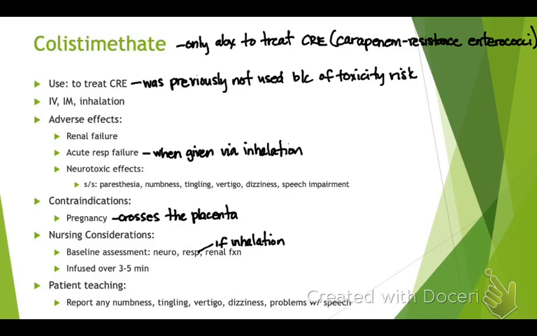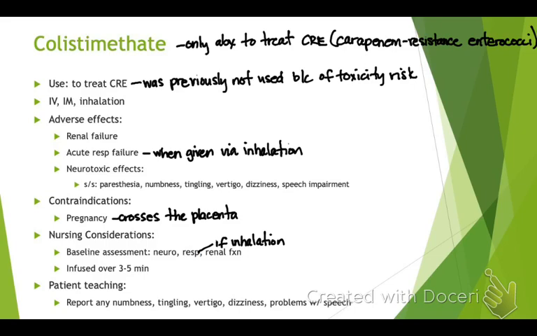It was previously not used because of the toxicity risk, but this one is the only one that we actually have to use to treat CRE. It can be given IV, IM, by inhalation.